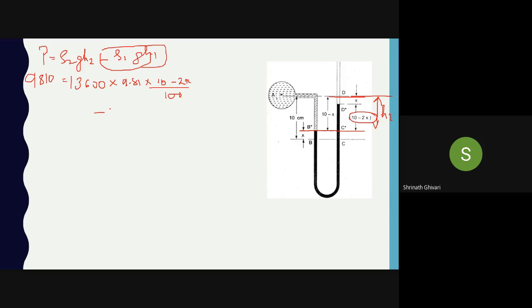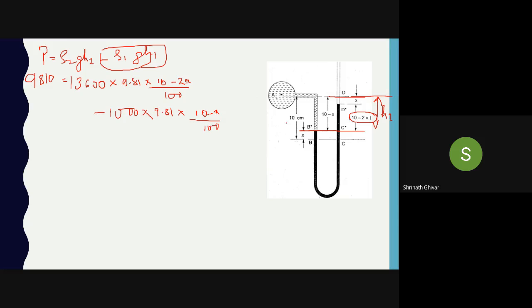What is rho? 1000 into g 9.81 into H1. How much is H1? What is H1? 10 minus x, so 10 minus x by 100.